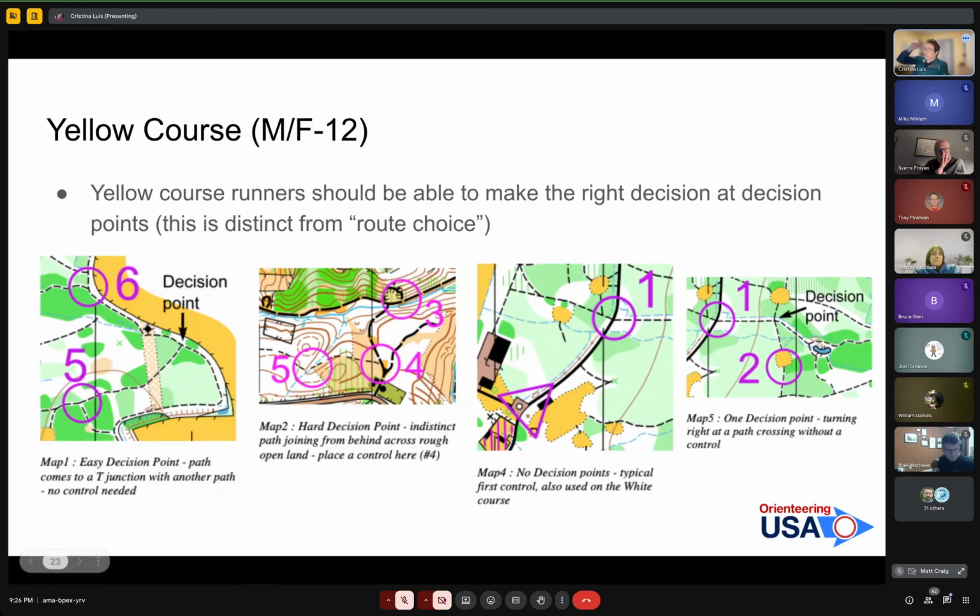When you have turns like this, you're opening it up for advanced yellow runners to start taking some shortcuts, and that's fine. But that should never be required, that they have to go through the woods. So these route choices are just really the chances to take shortcuts. You can plan for it, but it's usually just a consequence of having some turns.